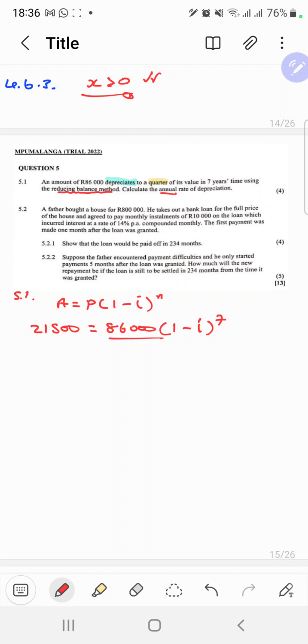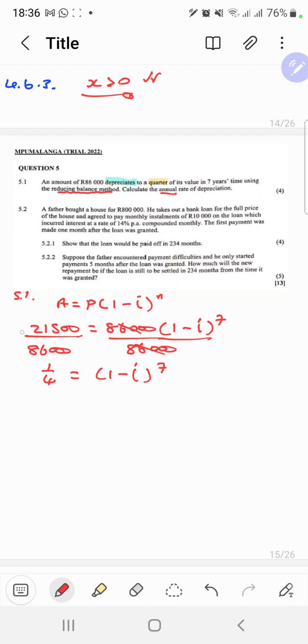We just simply divide this whole thing by 86,000. In fact, we could have just removed this and just written a quarter there, because that's what we're going to get here. So this is 1 over 4 equals 1 minus i to the exponent 7.